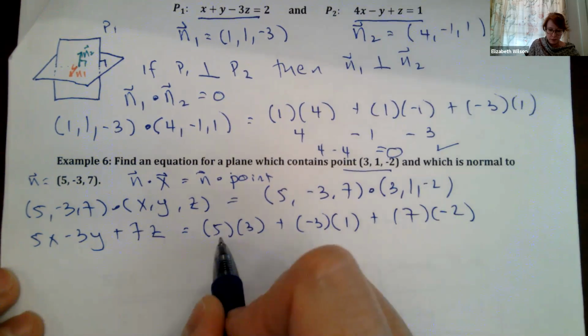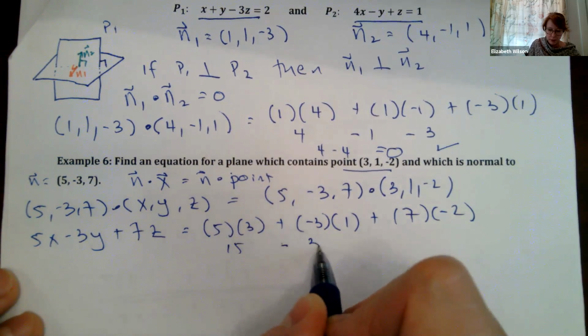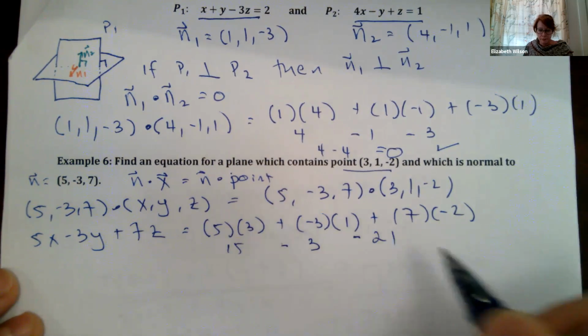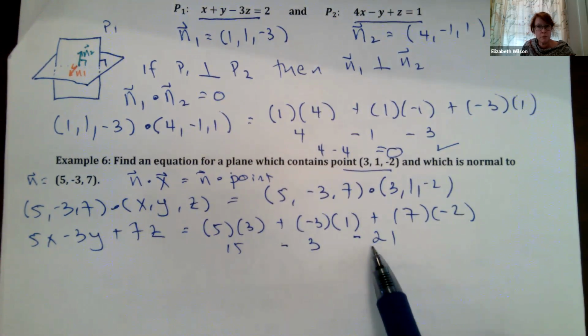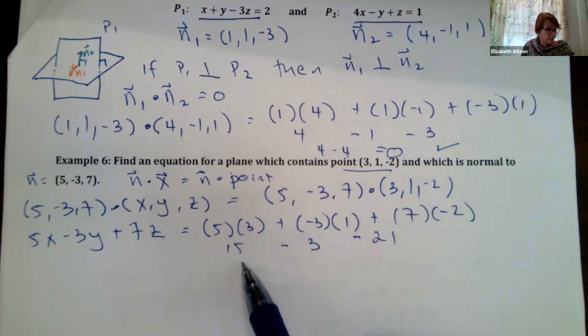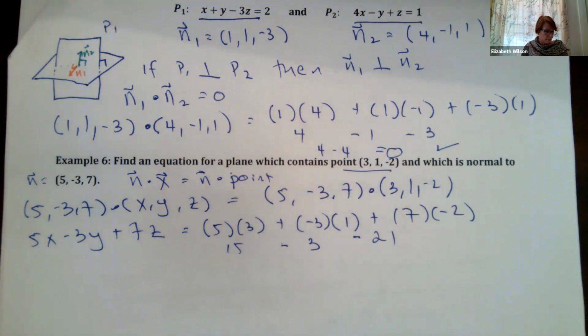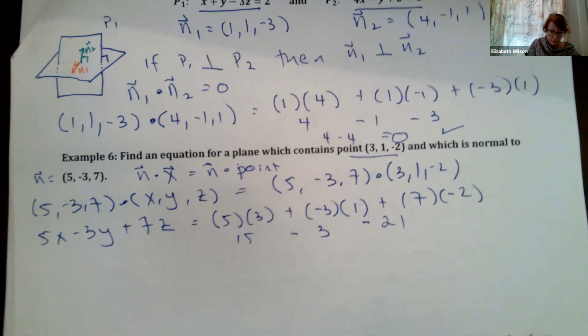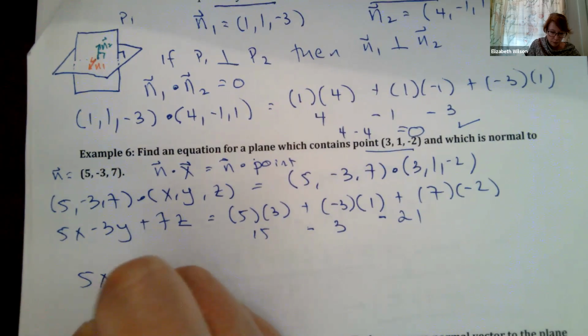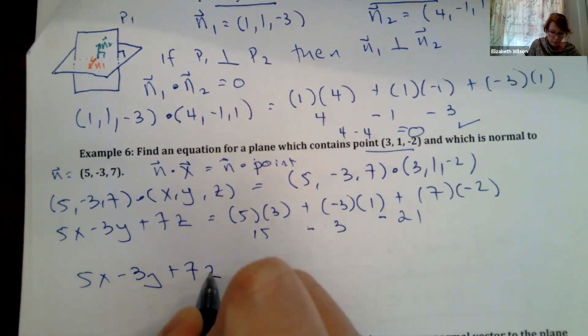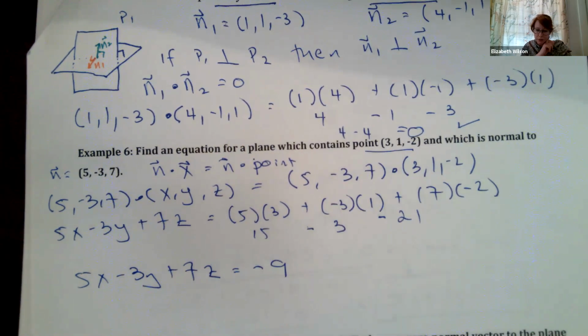So this is 15 minus 3 minus 21. So minus 3 minus 21 is minus 24. So 15 minus 24, let's make sure I'm doing that right. So 15 minus 24 is going to be equal to minus 9. 5x minus 3y plus 7z equals minus 9. You guys should check my math on this too.